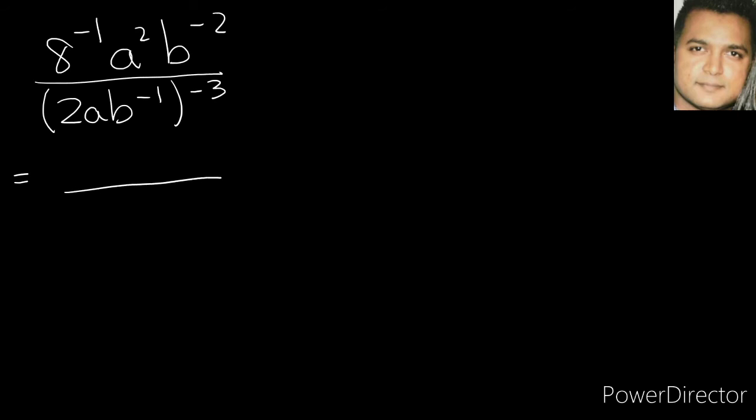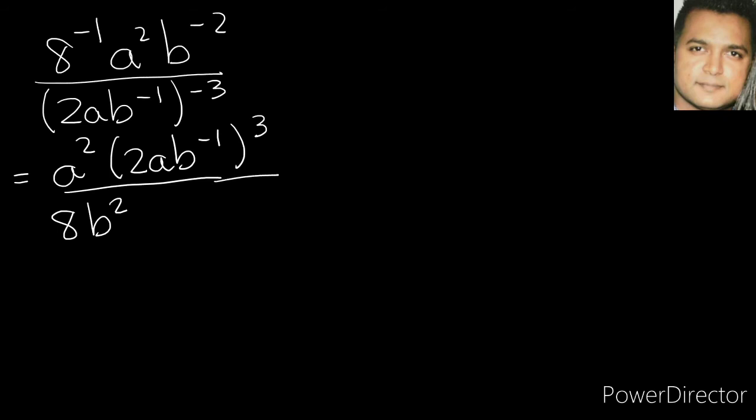So 8 can be placed at the bottom and become to the power 1, positive power. And the a squared will remain in the top. The b can come to the bottom and become b to the power 2. And then this denominator here can be moved to the top, 2ab to the minus 1 and to the positive exponent.